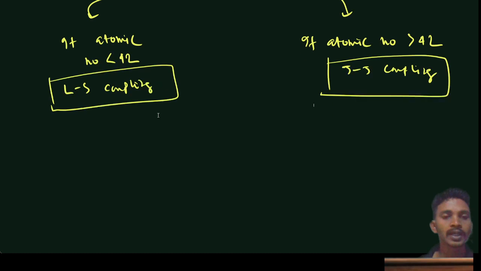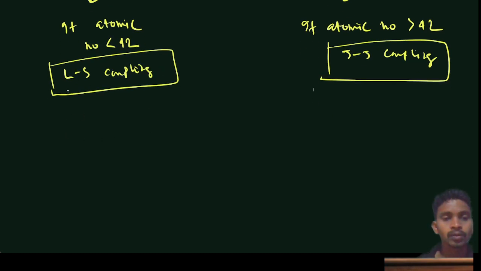So what is LS coupling? We know how to calculate the S values, and in terms we discussed how to calculate the L value. If one orbit is there, L is the summation of L values, and S is the summation of S values.